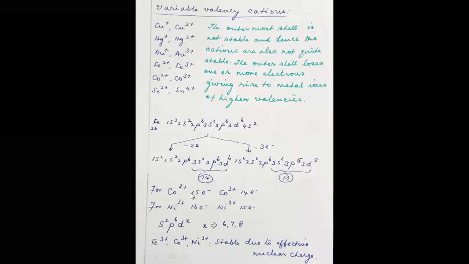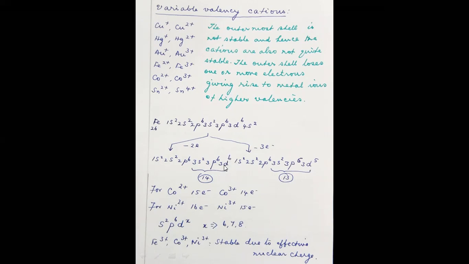You write the electronic configuration of cobalt and nickel, and see what happens when 2 electrons are removed and 3 electrons are removed. So these configurations you have to write by yourself and see how it is attaining stability after the loss of 2 and 3 electrons. So the outermost orbit is containing the d orbital, which is almost diffused.